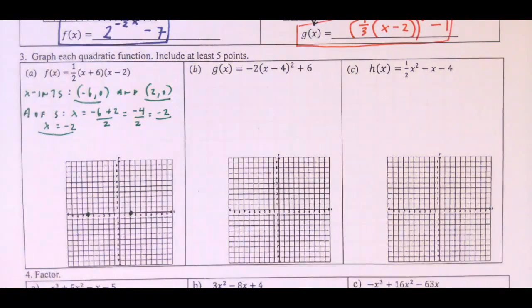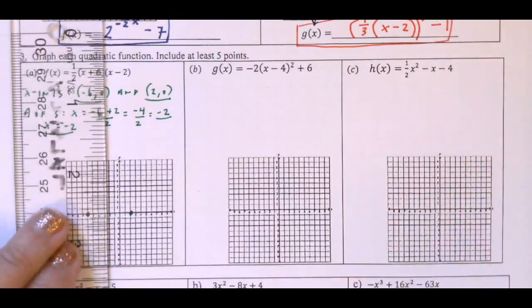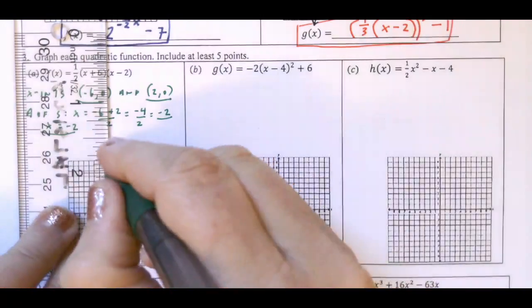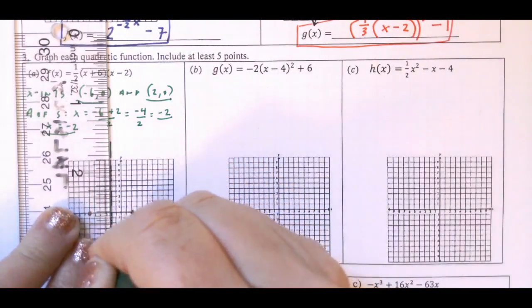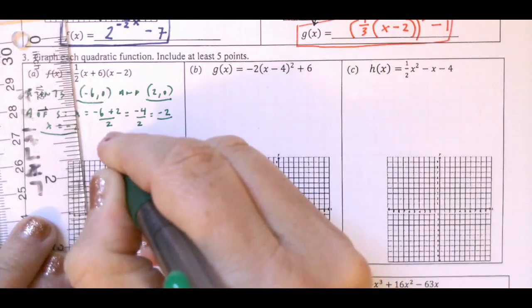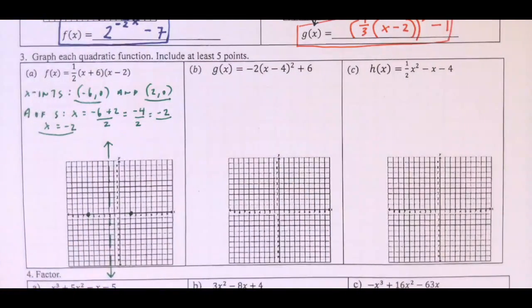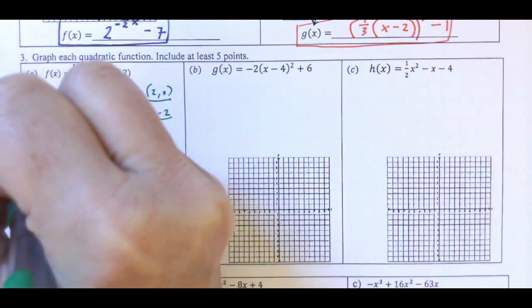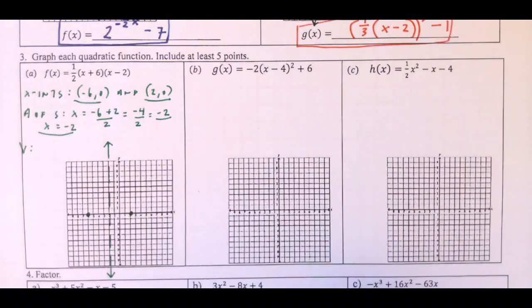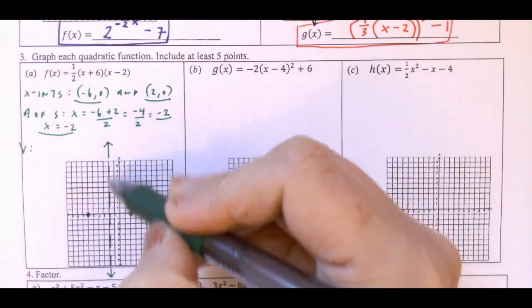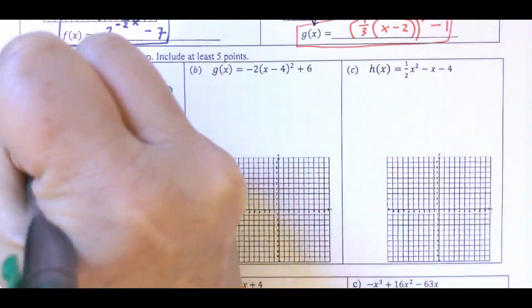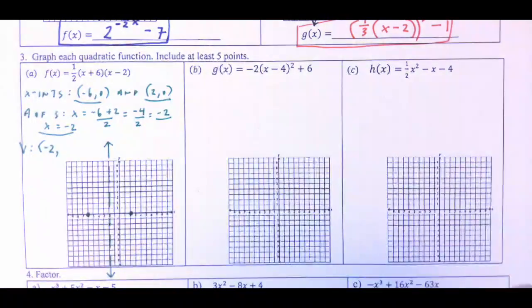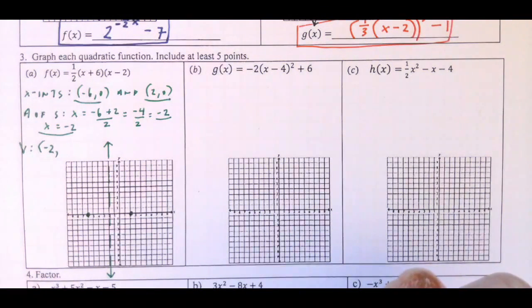But I'm guessing that most of you could see that just from the graph right here. So there's my mirror line, my axis of symmetry. Okay, then if I want my vertex, I know that it's going to have the same x value as that axis of symmetry. So I know it's going to be -2 something, but to get to the y value, I need to plug in the x value of the vertex.